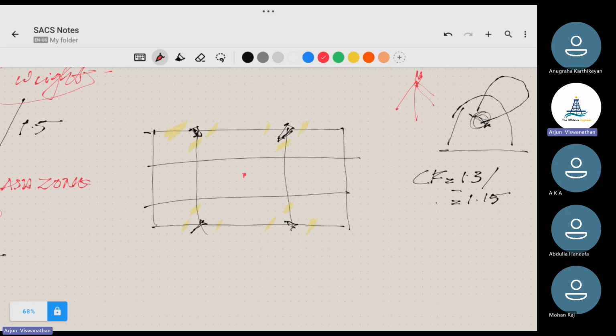If everything is uniform, or symmetric, the actual weight COG will match with the geometric COG. But now let's say we have a weight over here. The weight COG will shift over here.